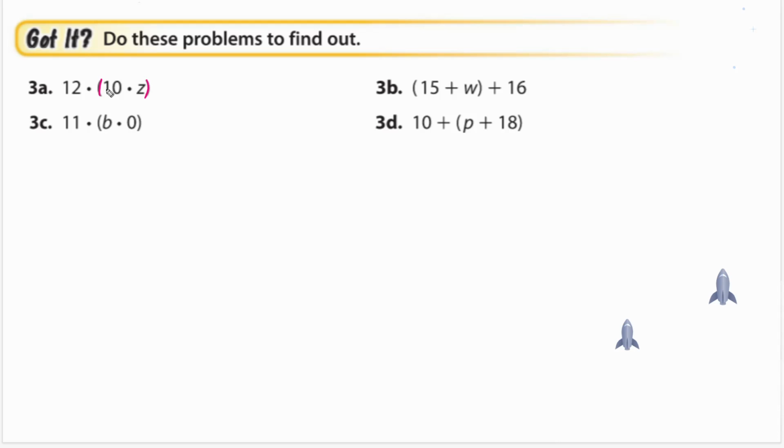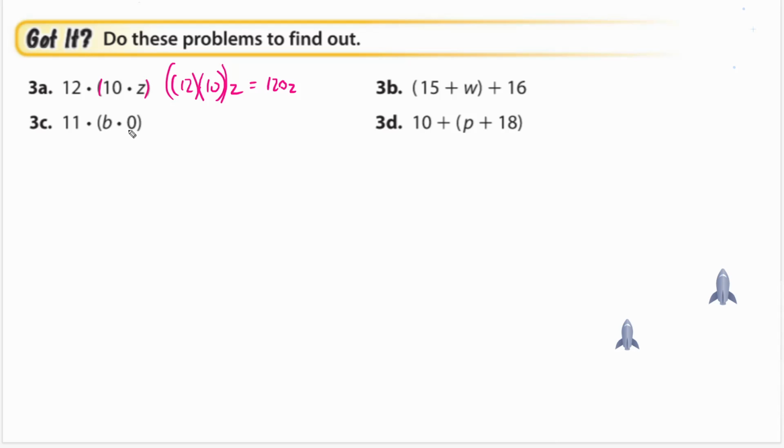So we can just change the grouping to be 12 times 10. Now, I don't like using the dot, so I'm going to actually draw over that. And then I'm going to put a z out here. So that would equal 120z. Now we have simplified it.